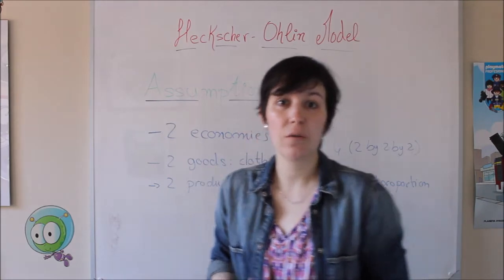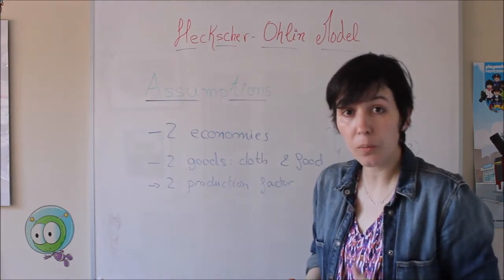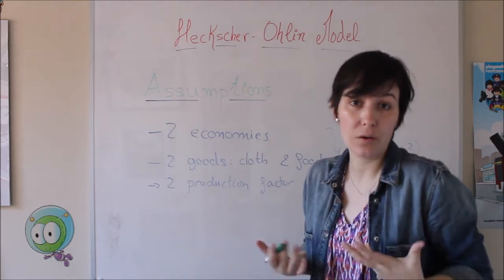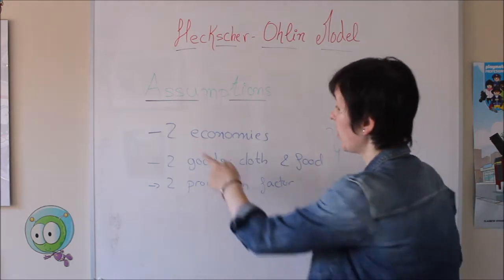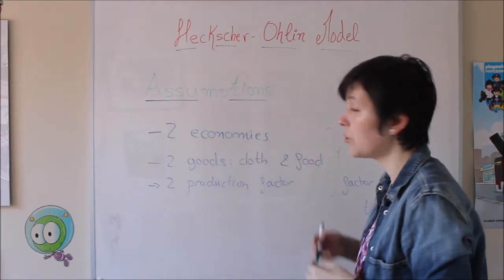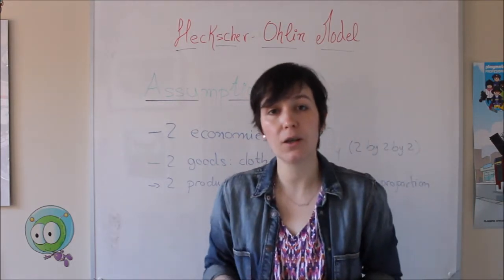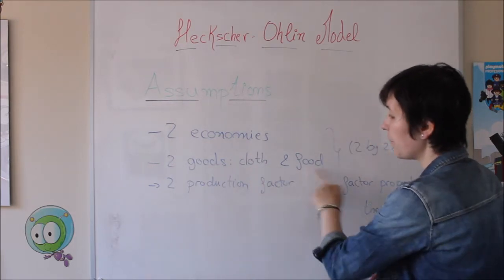Regarding the assumptions of the model, we are going to start with just one economy, and when we want to evaluate the effects of international trade, we are going to have two economies, okay? So we are going to have eventually two economies and two goods, so we assume that each economy is able to produce two goods, let's say clothes and food.